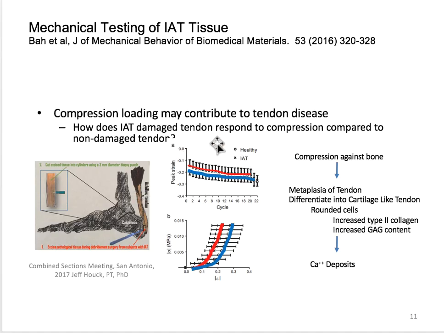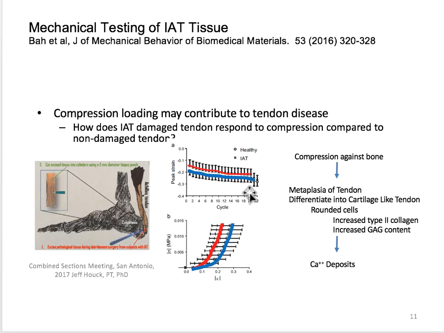We see that reflected both in the elastography, the previous experiment, and in this experiment here, where zero strain is this peak point on the graph. We see the IAT in red, which deforms less, which means it's more stiff than the blue, which is a normal tendon. And we see a stress strain curve here where the IAT in red is deforming less for a given amount of stress, which means it's more stiff than the blue, which is the control.